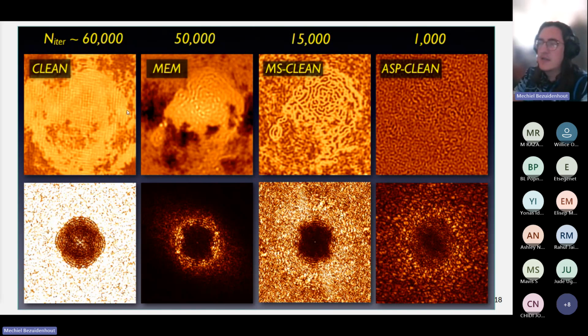So again, this is another element where making images is kind of an art form, because you have to know, oh, I want this kind of output, I have this kind of science in mind, and therefore this kind of cleaning algorithm is going to give me a better result in the end. And it's all about how that algorithm models the source brightness distribution.